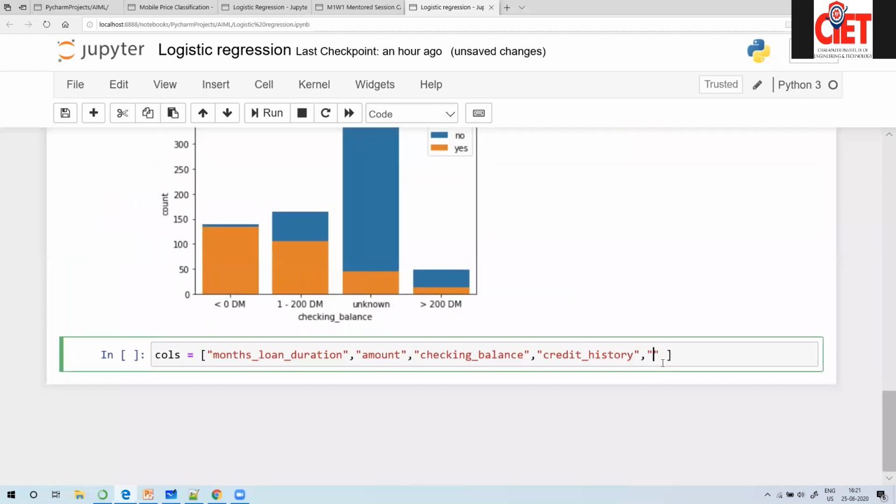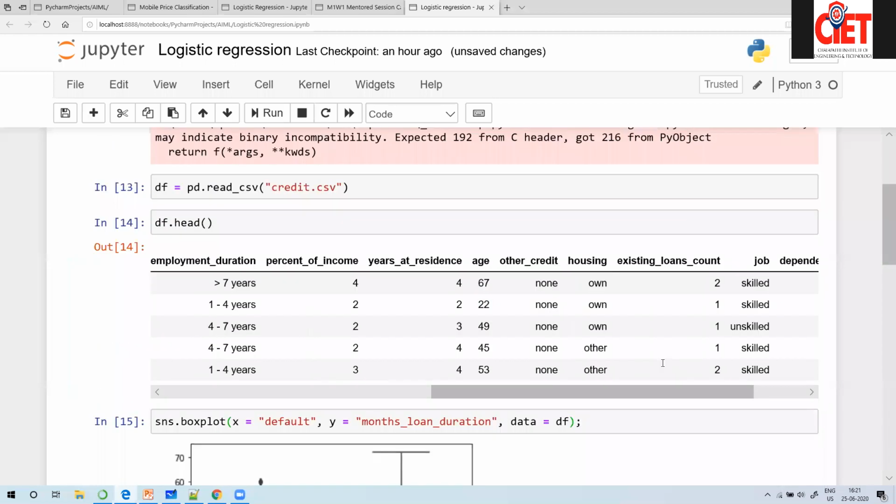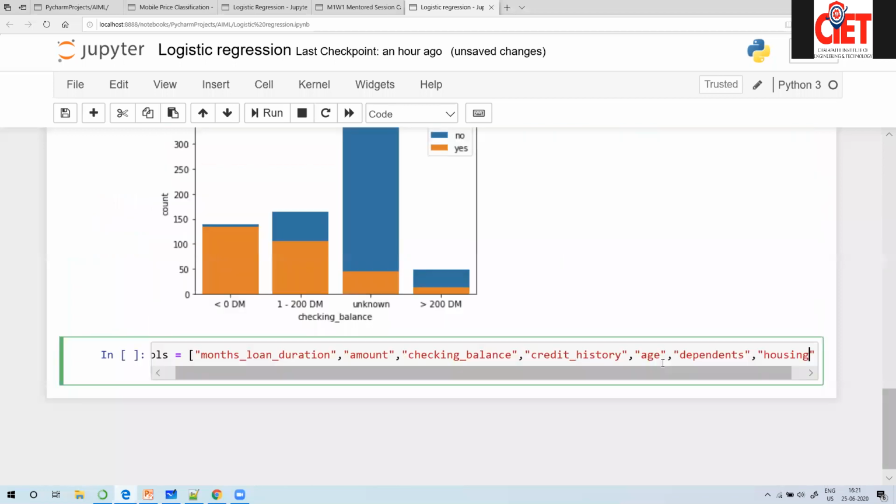I have worked on this data set before. You should definitely do the EDA to figure out the variables that are important for you. Housing. And then finally, our target variable, default.